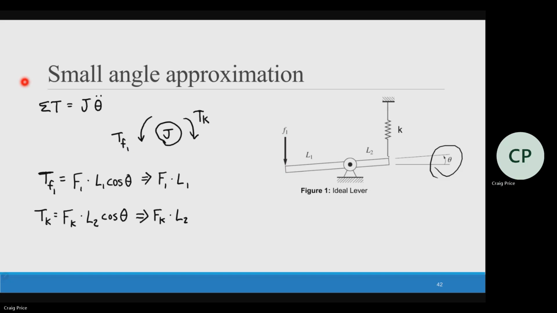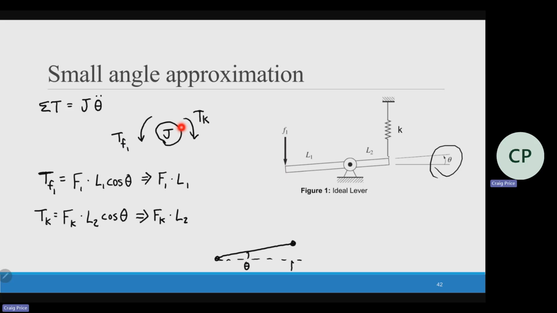But what is F sub K? What is that spring force? This is where it gets pretty tricky. So for that spring force, if I zoom in a little bit, this is my theta.